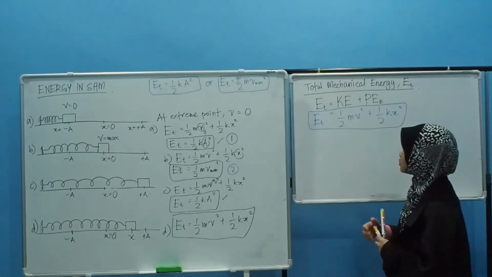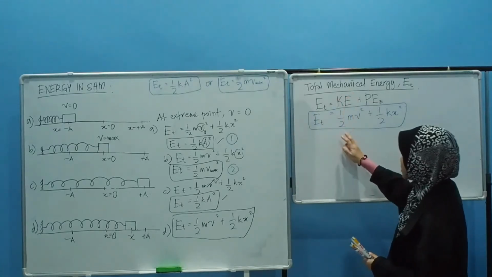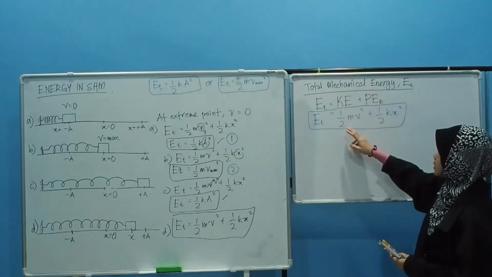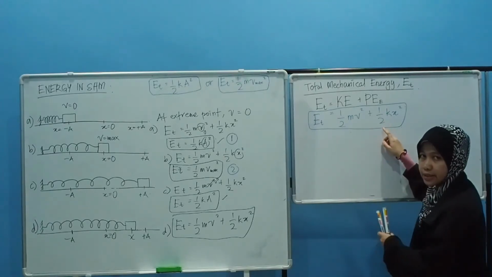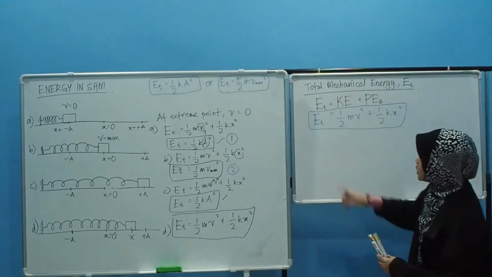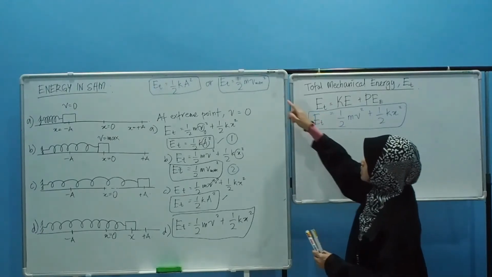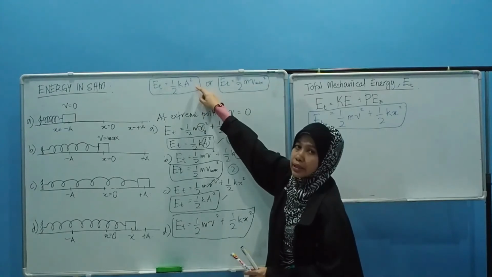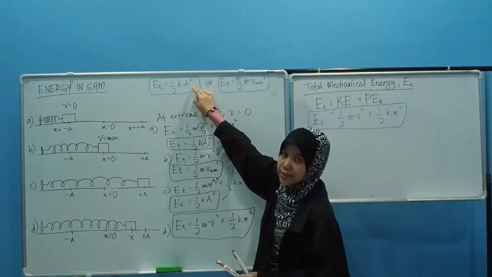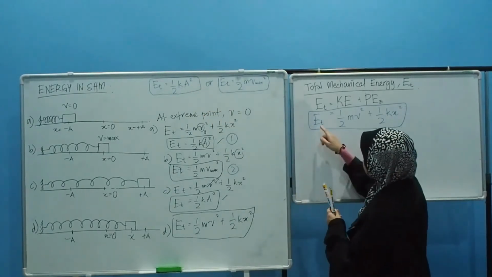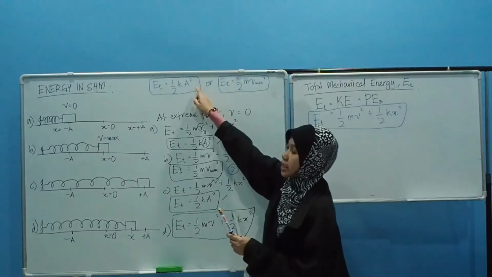Alright, so we come back to this equation. The total mechanical energy is the sum of kinetic energy plus potential energy. So for the total energy, you can use this one or this one. Choose one. For example, here I choose this one. I substitute the total energy with half kA squared.